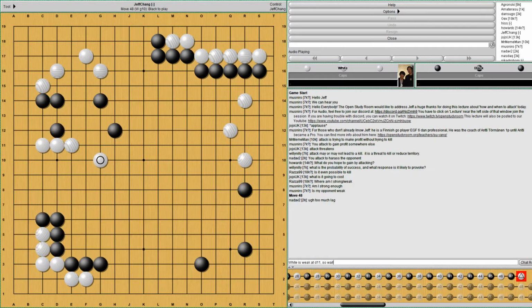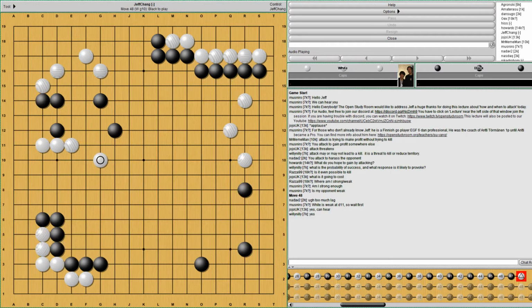I'm sorry, can you hear me? Or can you see the board? Okay, good. So the question is, White has just played move 48 on the left side. And should Black attack it?